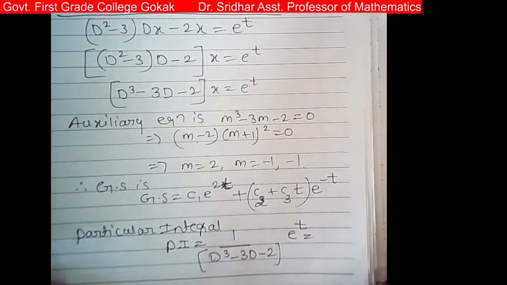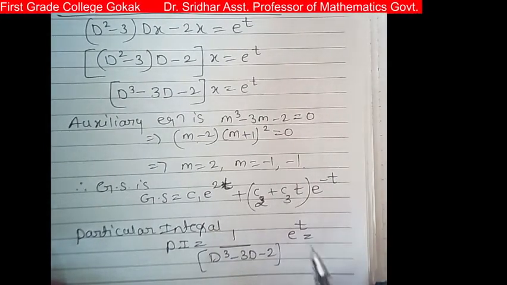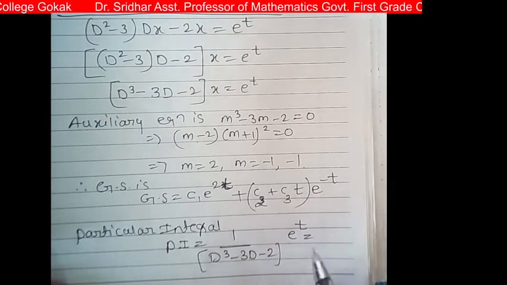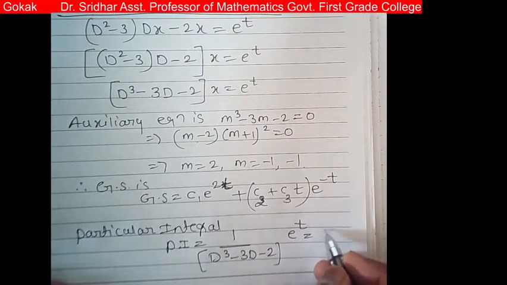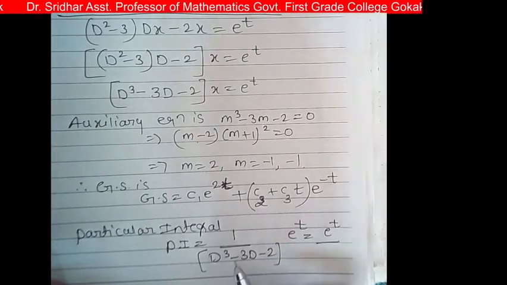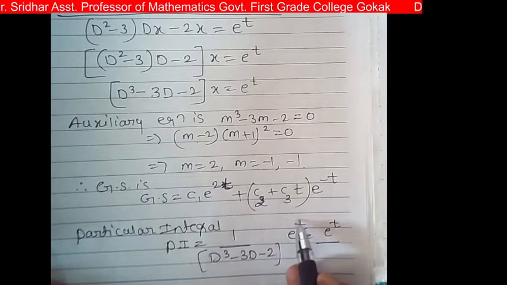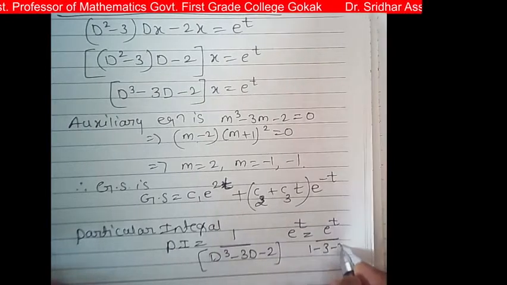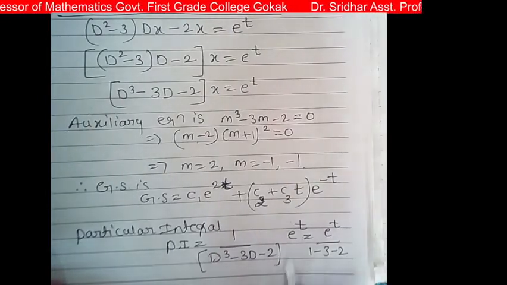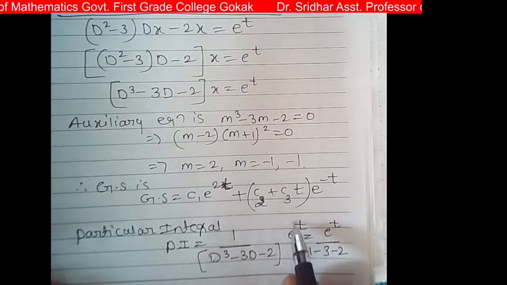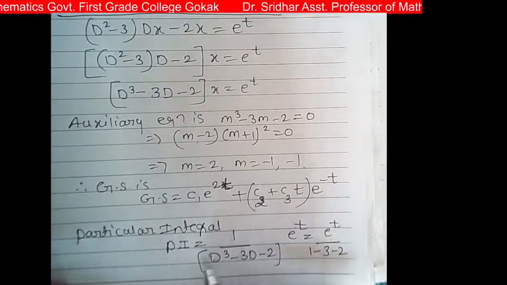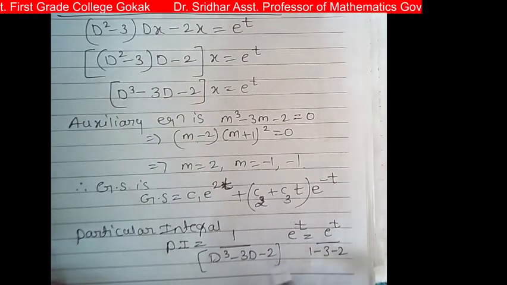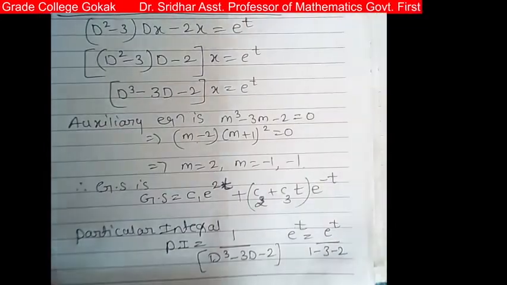Now this is the first rule, e raised to t is there, so this is nothing but e raised to t divided by, wherever D is there, replace D by 1, because the coefficient of t is 1, so it is 1 minus 3 minus 2. This is of the form 1 divided by f of D of e raised to ax.